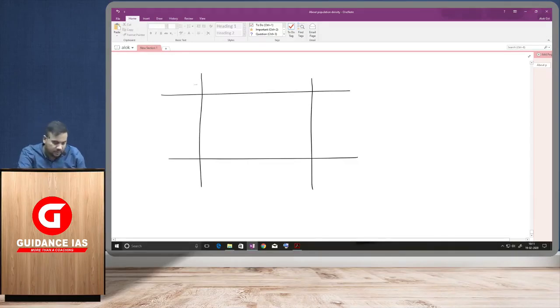This is essentially what? This is a checkerboard.